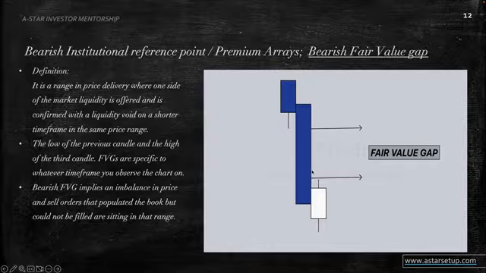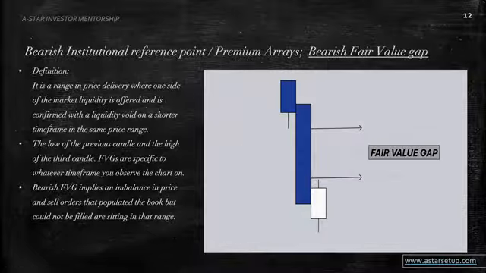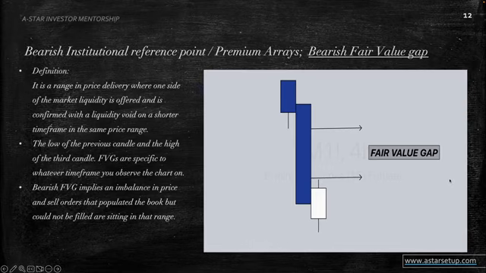No counter orders, no buyers. It creates a void, an imbalance in the market of just sell orders. That's what we call a fair value gap. So if price revisits this area, institutions will see it as a fair price to purchase or sell the asset depending on the trend, given that there was an imbalance in the market and only one side of liquidity was delivered.